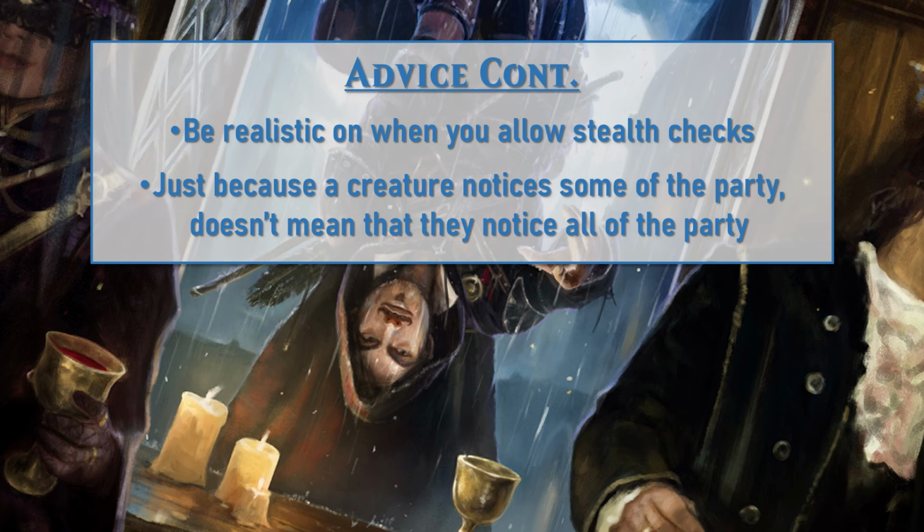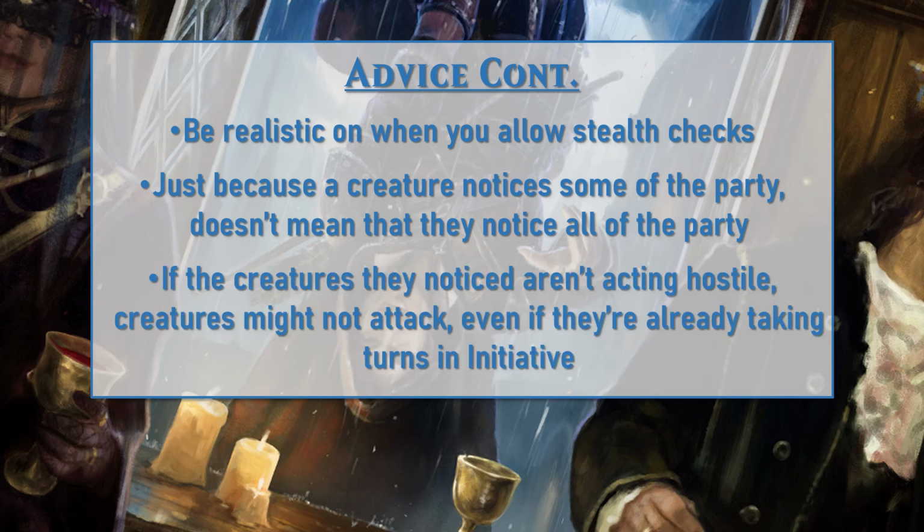And also remember that all characters acting in a surprise round can only act with the information that they have available to them, what they've seen and noticed. For example, if the only creatures that a group sees approaching are not being hostile, they might not attack back at the group of players until that stealthy character successfully attacks them during that surprise round.